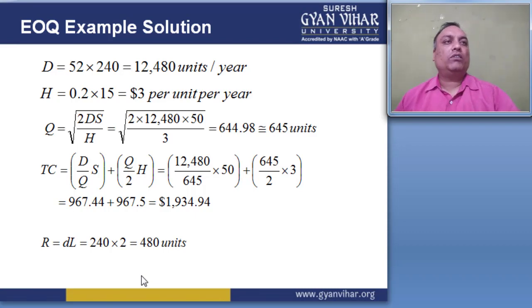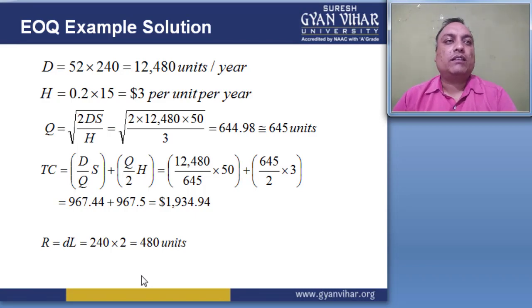And this is the EOQ example solution. Here D equals 52 times 240, which is 12,480 units per year, and H equals 0.2 times 15, which is $3 per unit per year. Here Q equals the square root of 2DS divided by H, which is the square root of 2 times 12,480 times 50 divided by 3.